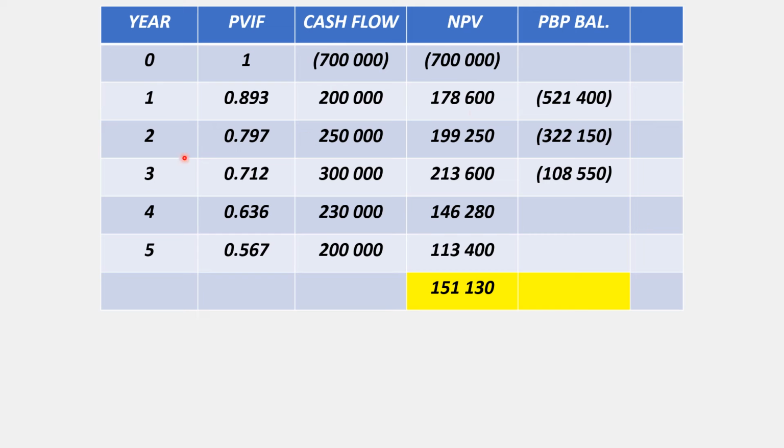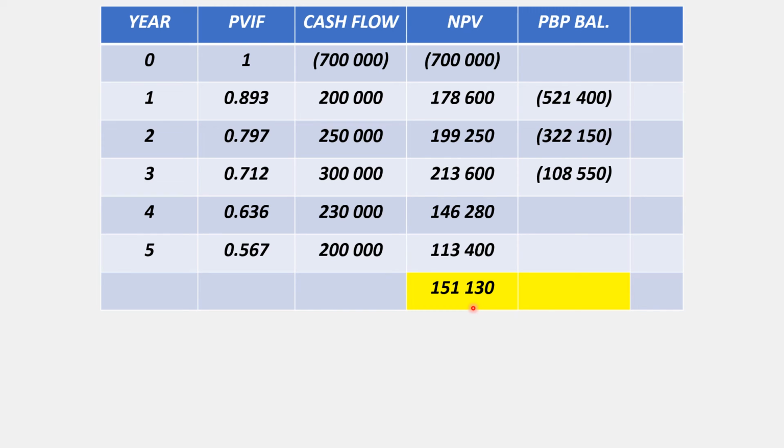The second year, we do the same. Third year, we do the same. Fourth year, fifth year. Then we add this down. Remember, this is a negative figure here. It's an outflow. If we add these down, we'll get a positive NPV figure here. Because it is positive, it means you can go ahead with the project.